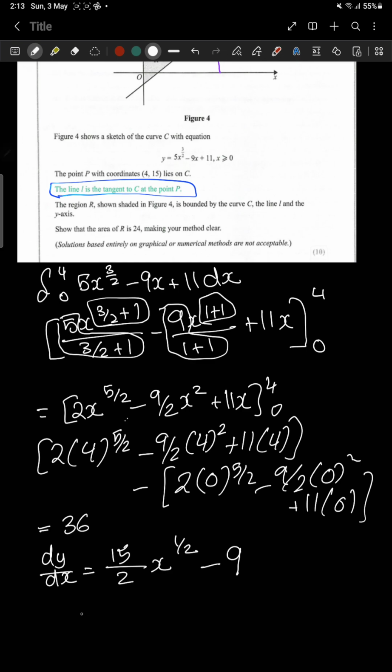Now we substitute the x coordinate of P, since we are finding the gradient at P. When I substitute this into my calculator, this gives us precisely 6.